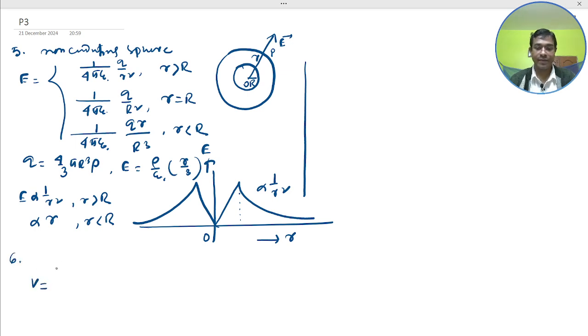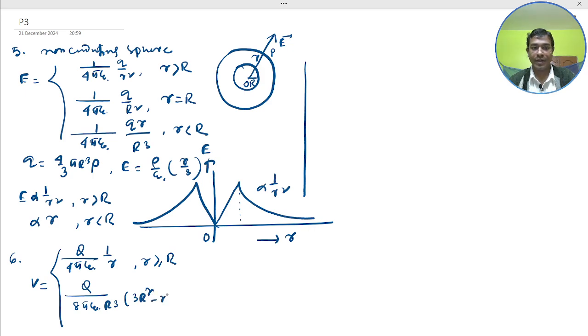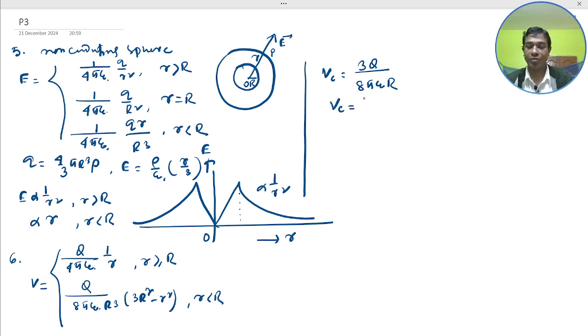So in the potential case, it is Q by 4 pi epsilon naught times 1 by r when r is greater than or equal to capital R, and Q by 8 pi epsilon naught R cube times (3R square minus r square) when r is less than capital R. And at the center of the sphere, V center is equal to 3Q by 8 pi epsilon naught R. So basically V center is equal to 3 by 2 of V surface.